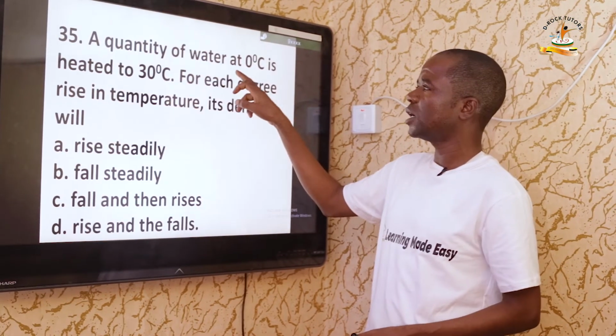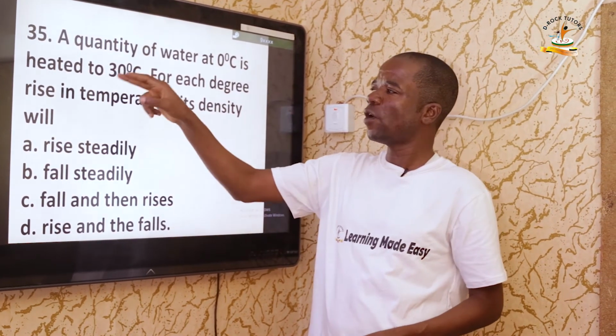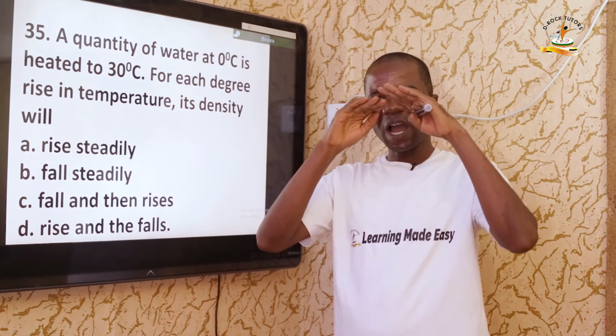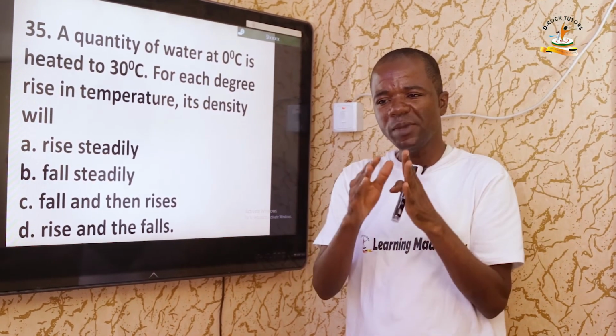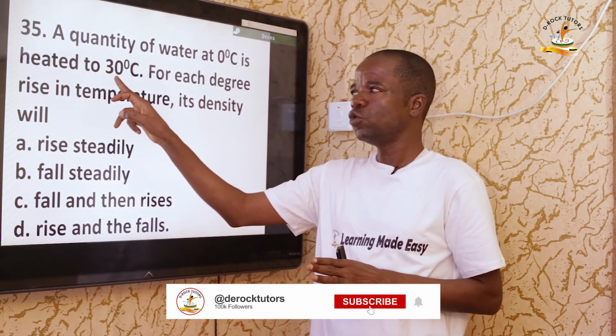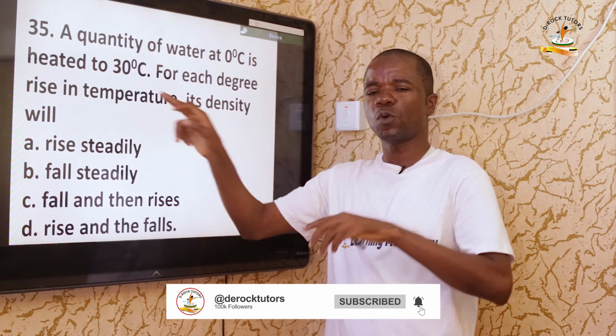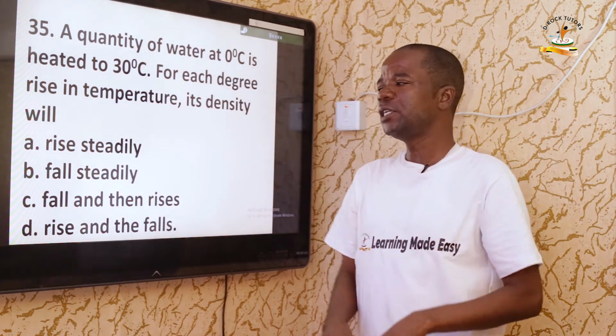But immediately above that 4 degrees Celsius, on the way to being heated to 30 degrees Celsius, what happens? The density now gradually begins to decrease.